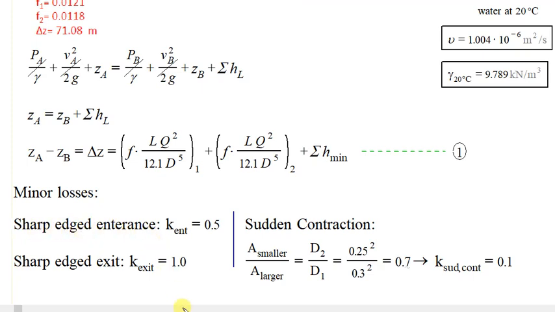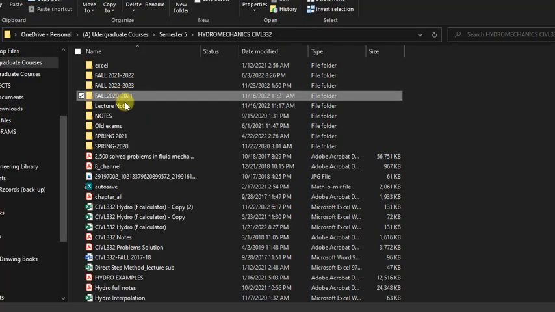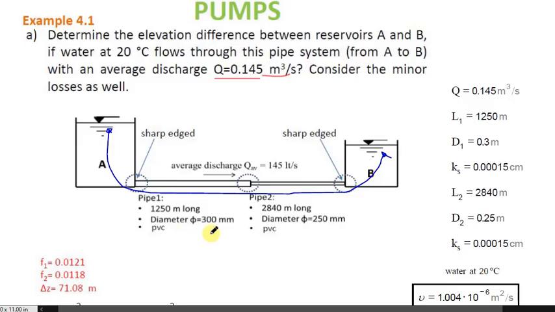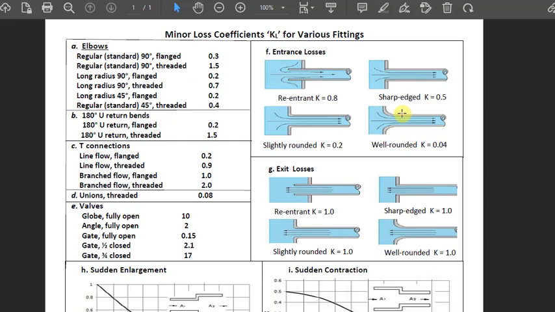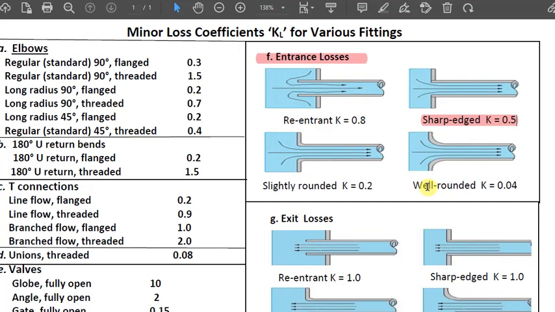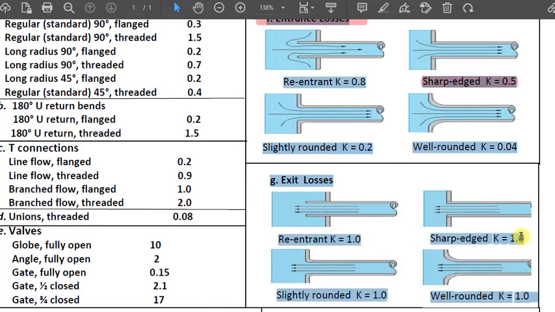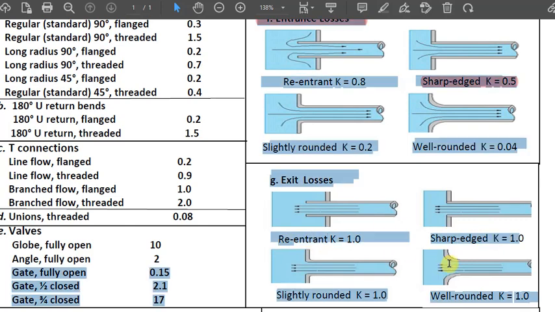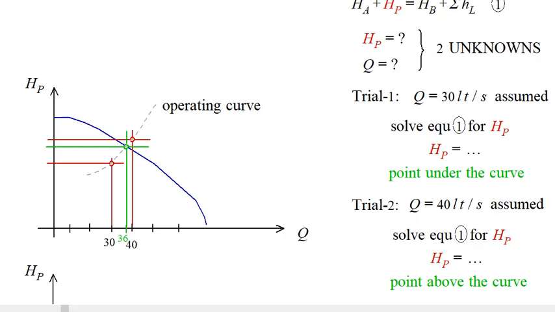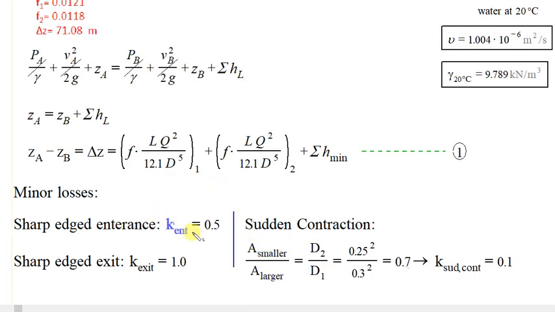If we check the notes, sharp-edged entrance, yes, here entrance losses, sharp-edged is, where is it? Sharp-edged, it's half. Okay, here it is half. And for exit, sharp-edged is 1. Actually, for exit, they are all 1. If you just notice, it's all 1. So we say half for entrance, 1 for exit.